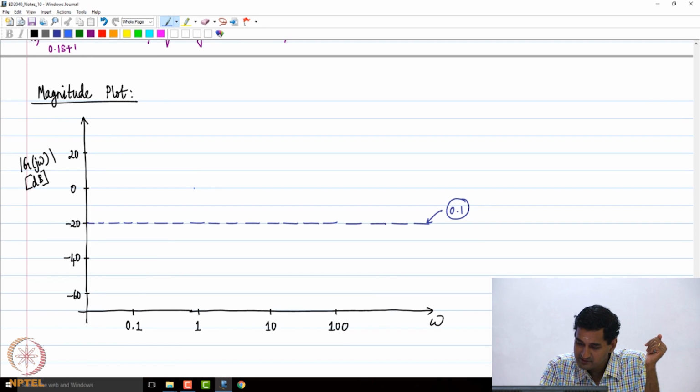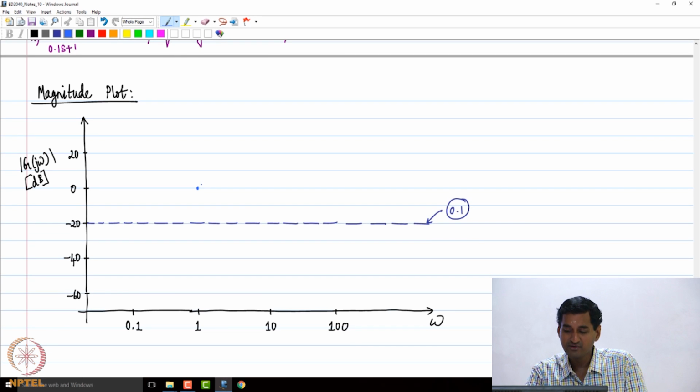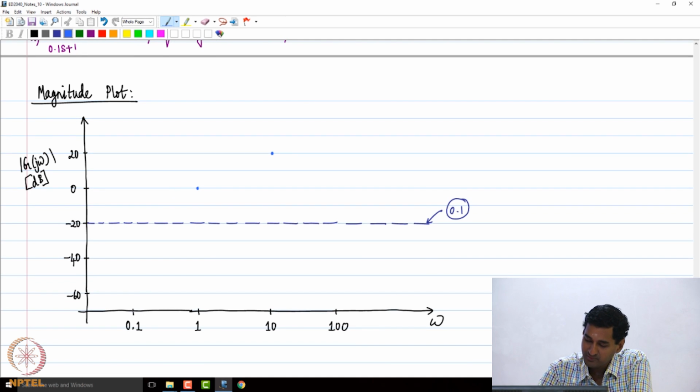It's going to be 0. So let's say I plot at omega equals 1, that's going to be 0. At omega equals 10, I am going to have the value as 20. And at omega equals 0.1, I am going to have the value as minus 20. So I am just plotting the values.